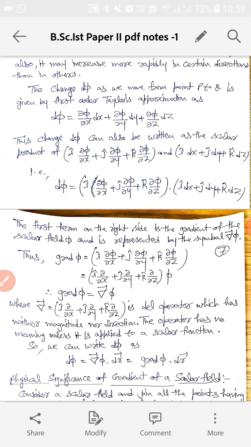We call this reverse triangle the del operator. Because it is an operator, it does not have any magnitude or direction, or any physical significance unless we apply this operator on a certain function.